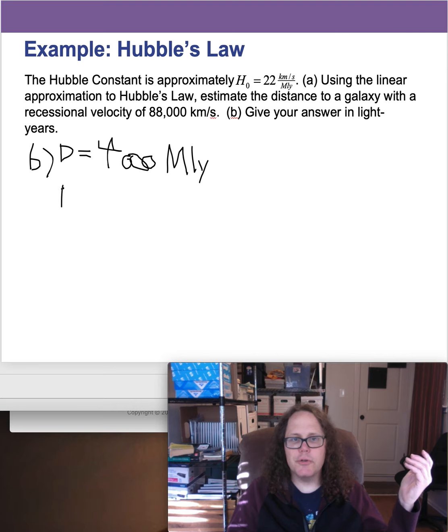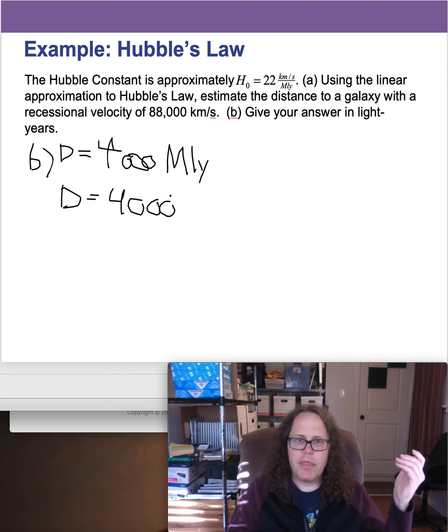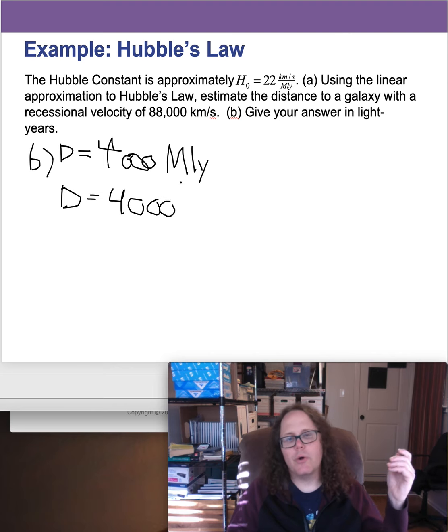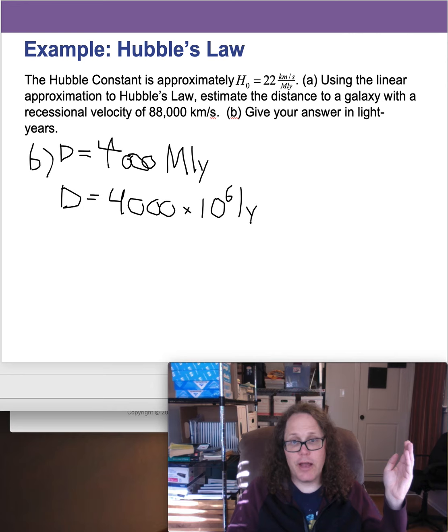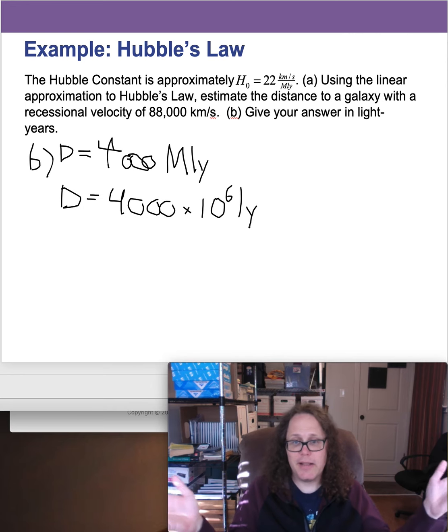So we'll substitute. That is 4,000. And remember that units are always multiplied. So a mega light year is a million light years. So that's 4,000 times 1 million. You can put 1 million or 10 to the 6th, if you remember 10 to the 6th is a million. Either way will work. Light years. Be sure and put the unit, light years. If you just put numbers, it's meaningless.